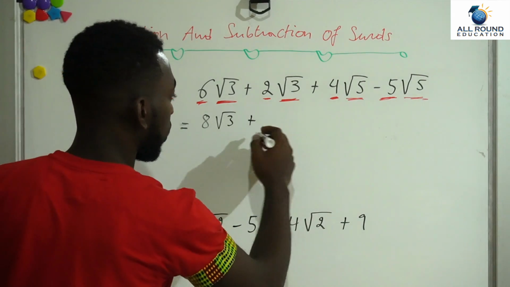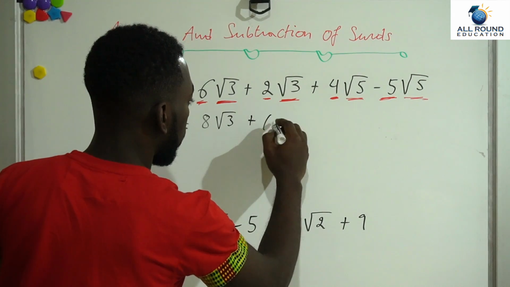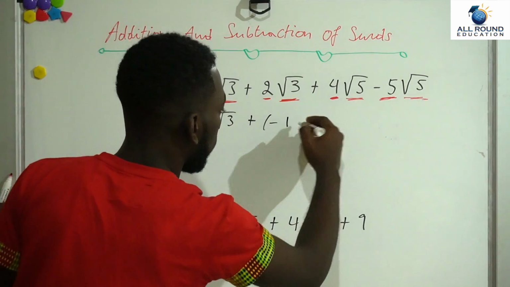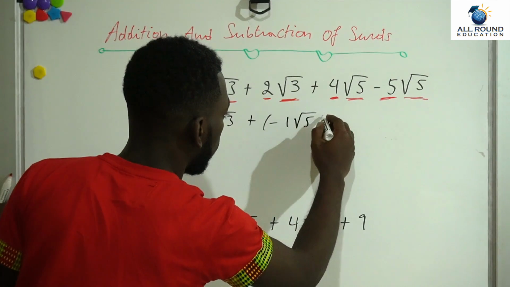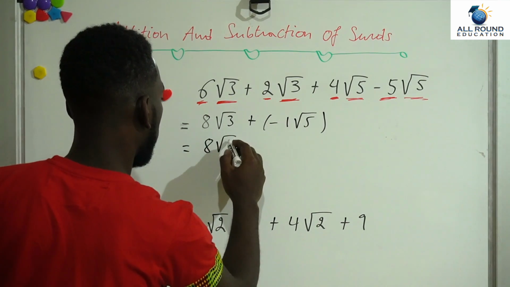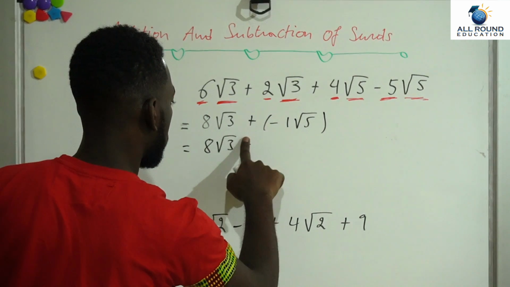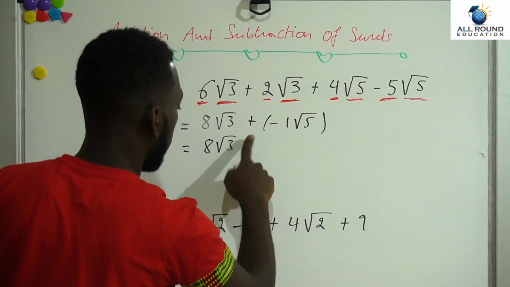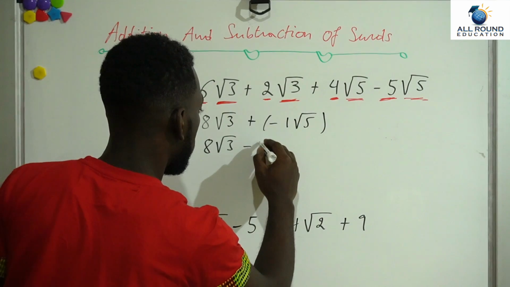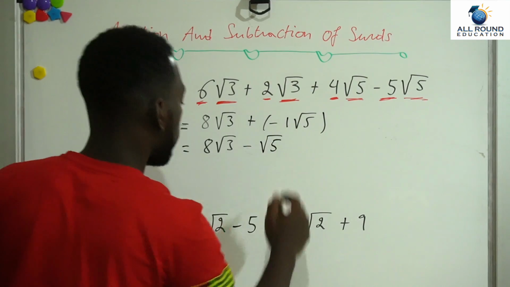So rather than plus, you have minus 1, and then you keep the square root of 5. When you expand this, plus and negative gives negative, and now you have minus square root of 5.